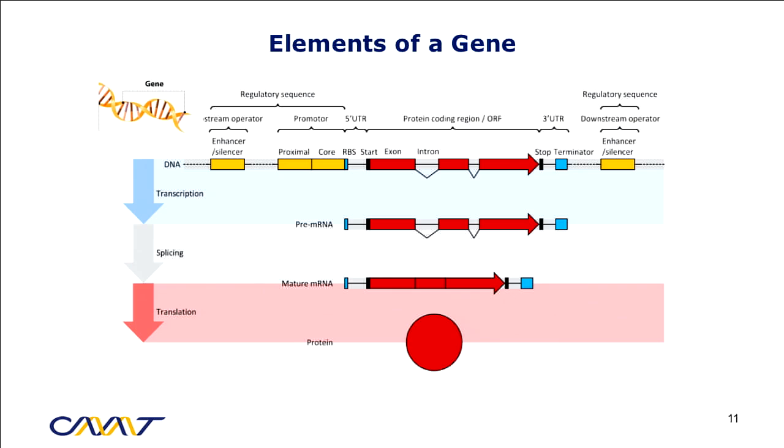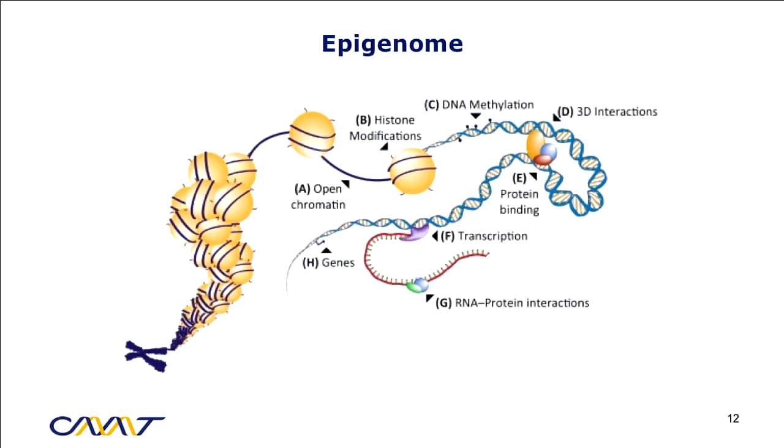Now, there are actually other mechanisms that could affect gene expression. And the reason why we know this is that in an individual, all the cells, more or less, have the same DNA.